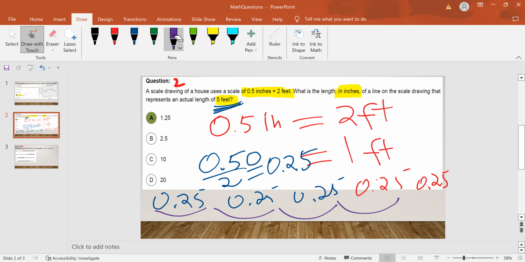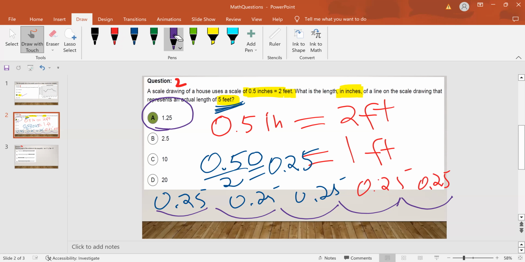Or if you have 0.25 four times, that gives you 1. That one added to the last 0.25 gives you 1.25. The reason we have choice A as the best choice. So you understand that you could solve this without any kind of formula, just understanding it as a real life situation.